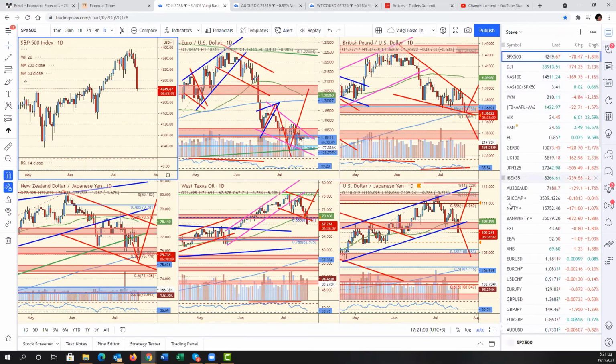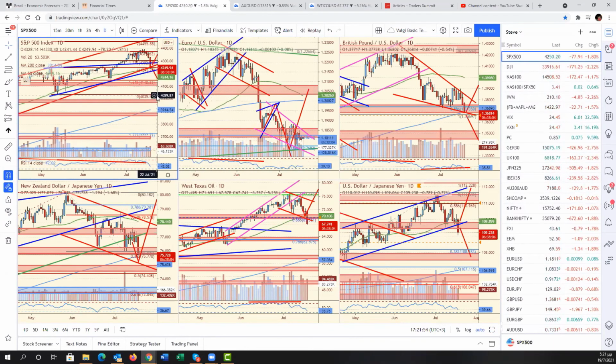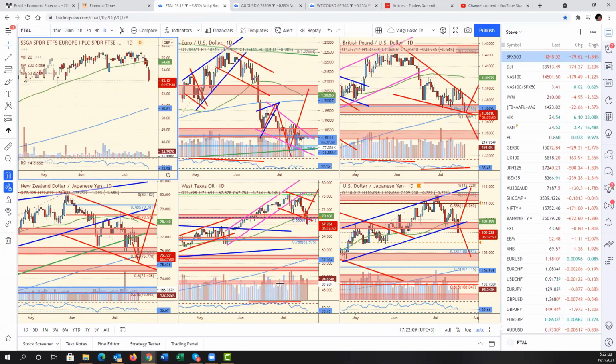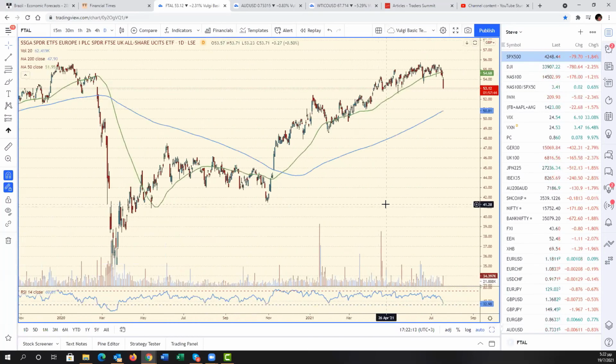Now let's have a look at equities as well. Yeah, no, the S&P still hasn't broken down from this wedge trend line support, but it's toying around with the idea. FTAL. Ooh. Yeah, this doesn't look good.